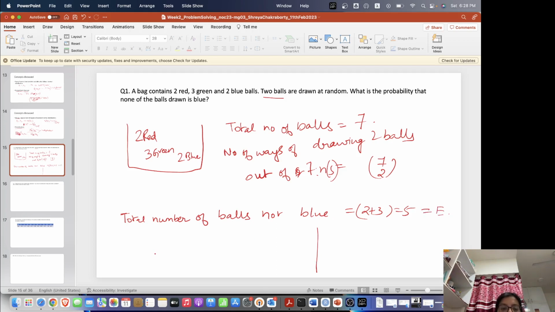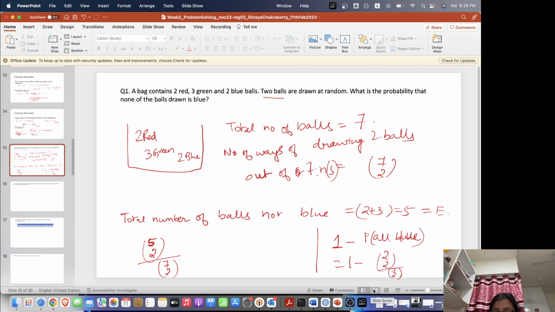Then the probability is 5C2, selecting 2 balls out of the remaining 5, that is the event, divided by the total possible scenarios of drawing 2 out of 7 balls, 7C2. This will also give me the answer. Or the probability is 1 minus getting all blue, that is nothing but 1 minus 2C2 by 7C2.